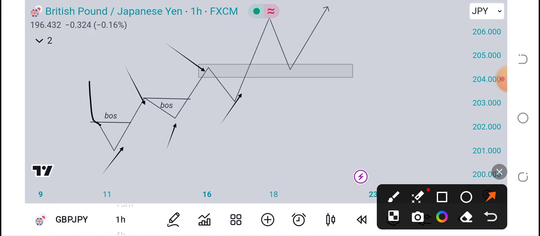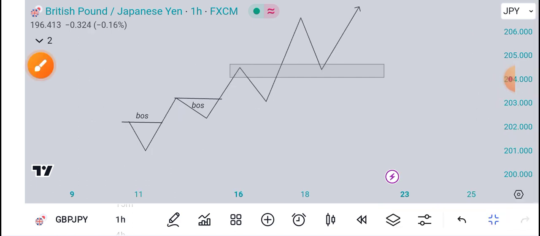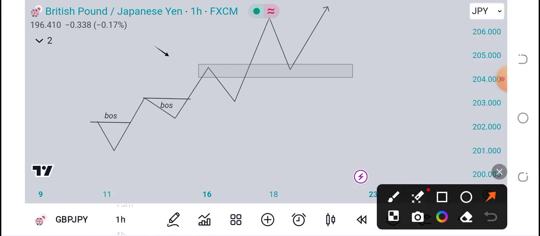Now at this point where we had a resistance, can you see that price broke through above the resistance and came back to touch the resistance, now turned support, and we expect price to bounce to the upside.